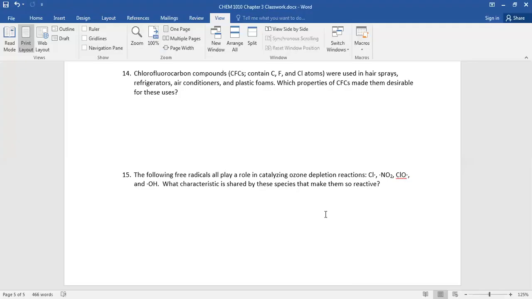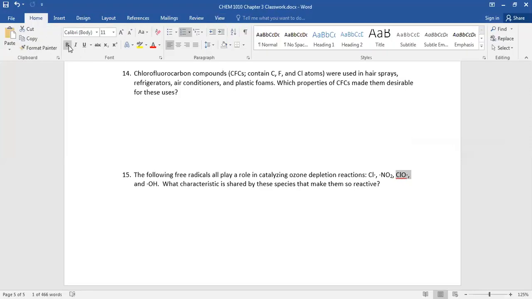And so the free radical that plays a role in catalyzing ozone destruction is going to be this one, the ClO. And this ClO is ClO radical.